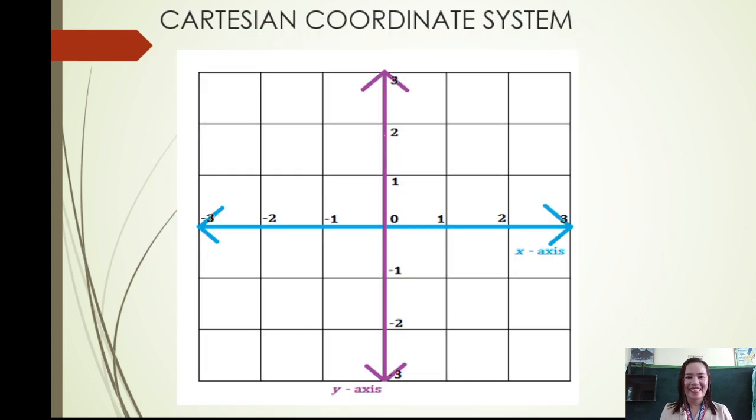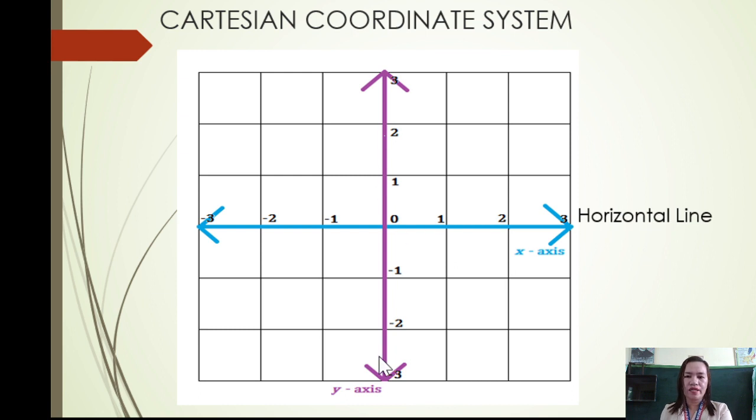Now, let's proceed to the parts of the Cartesian coordinate system. We should remember that there are two number lines. The first is this line, the x-axis, usually called the horizontal line.